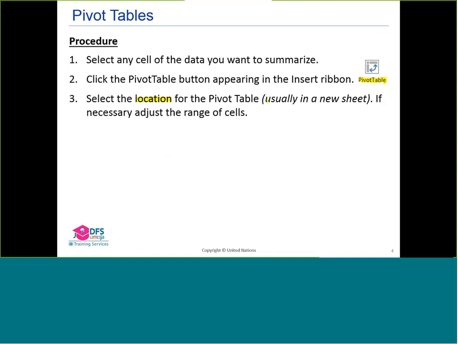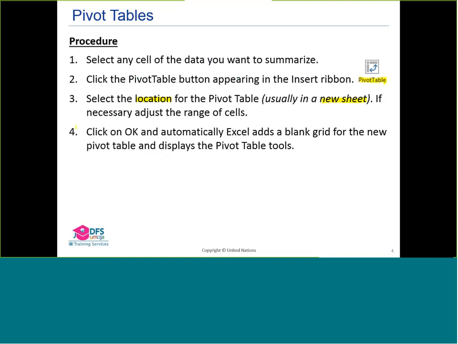Usually we place the pivot table in a new worksheet, but it can also be adjusted. By clicking on OK, a blank grid for the pivot table will appear so that we can start building it. These are the 4 steps to build our pivot table. I think once you practice several times, you will easily remember these steps.